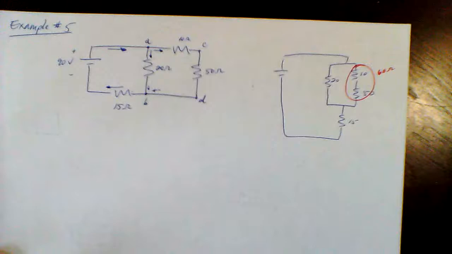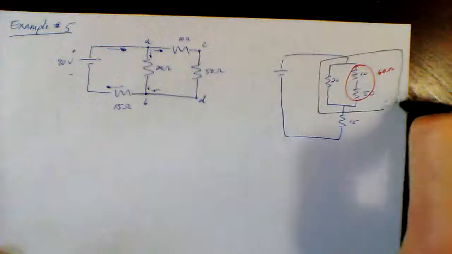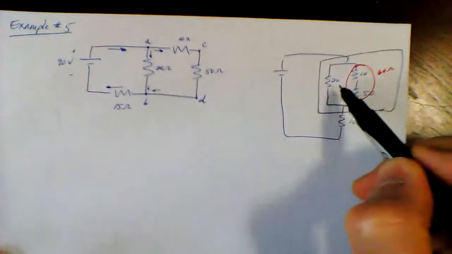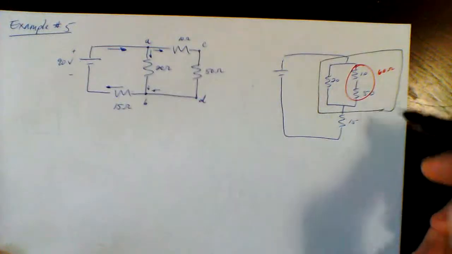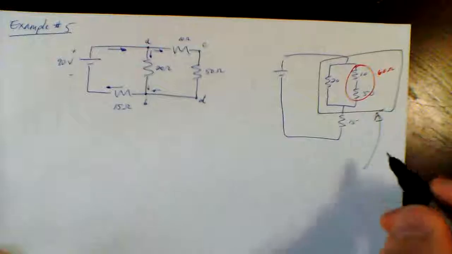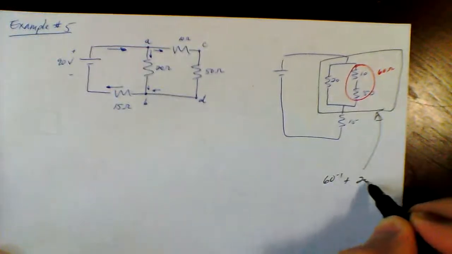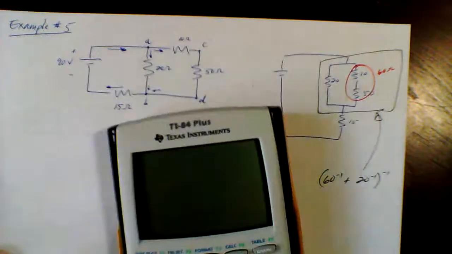Now for the next part, I want to find the resistance of that part. If I have a 60 ohm resistor in parallel with a 20 ohm resistor, my resistance is (60^-1 + 20^-1)^-1.